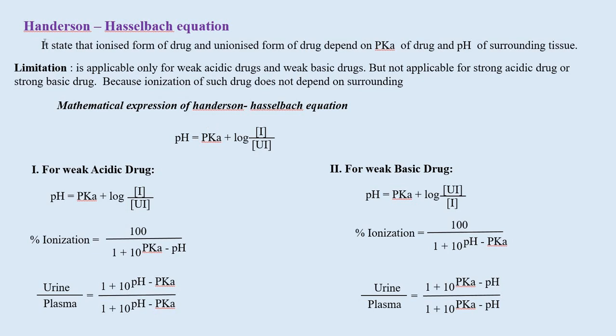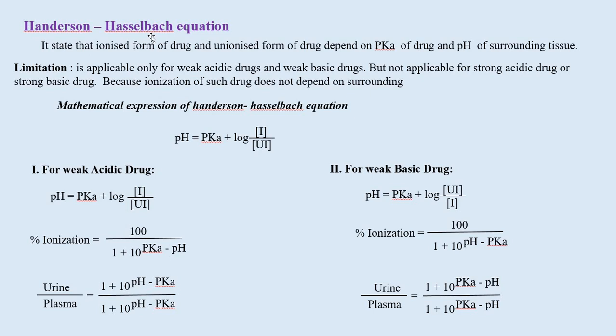So the Henderson-Hasselbalch equation states that the ionized form of a drug and the unionized form of a drug depend on the pK value, nothing but the dissociation constant value of a drug, and the pH of the surrounding tissue. What is the Henderson-Hasselbalch equation telling? For any drug, you have to determine the ionized quantity and the unionized quantity of the drug.